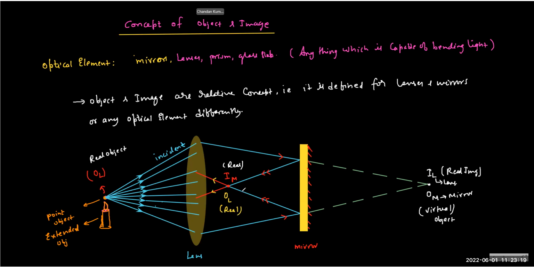You can trace back, you can get the intersection. And then after the refraction, let's say they meet somewhere. I'll meet it nearby, you don't have space. So this is again called the image due to the lens, and the two are real.